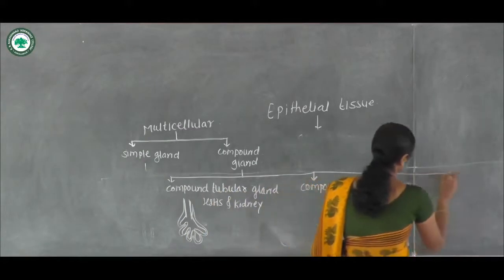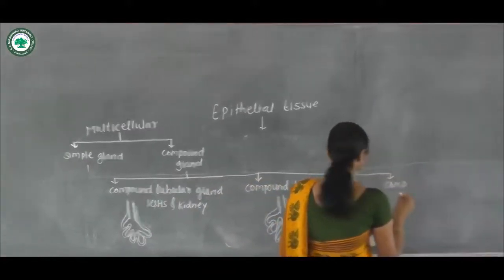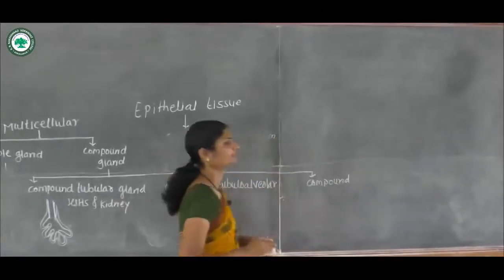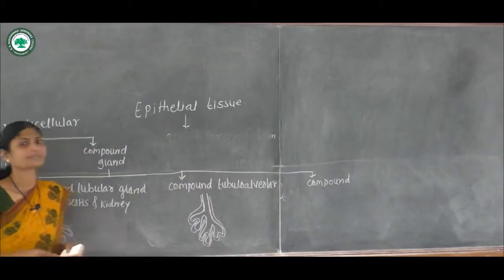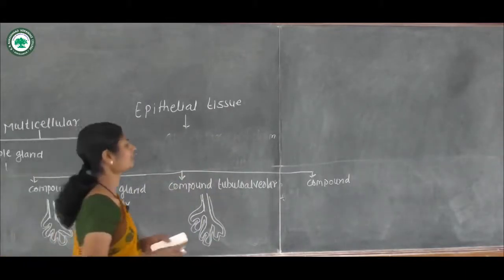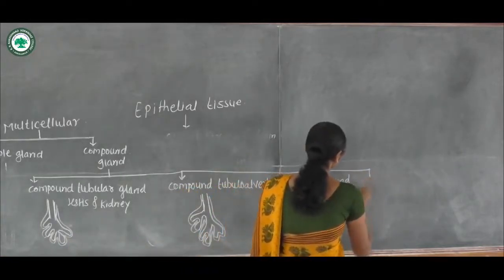Compound tubulo-alveolar glands, and the next type is compound alveolar glands.